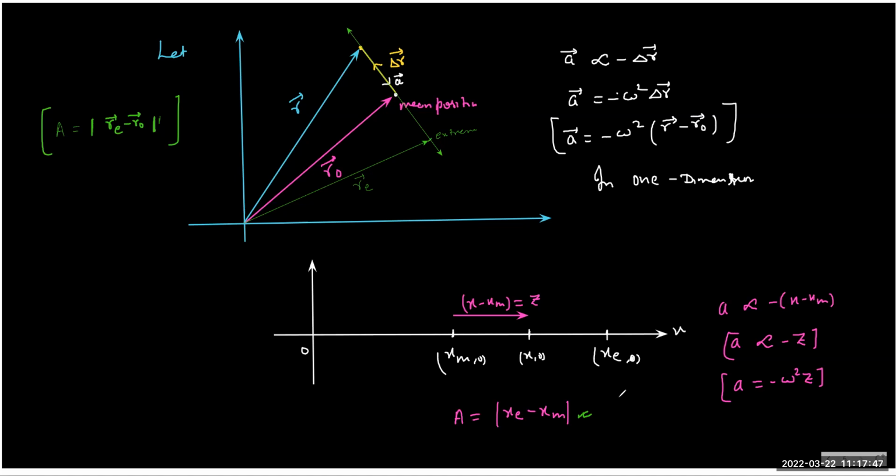So one should not be confused between the words harmonic motion and simple harmonic motion. These two are quite different terms. Every SHM is HM. Every SHM is oscillatory, but vice versa is not true. Is this clear? Yes or no? Yes.